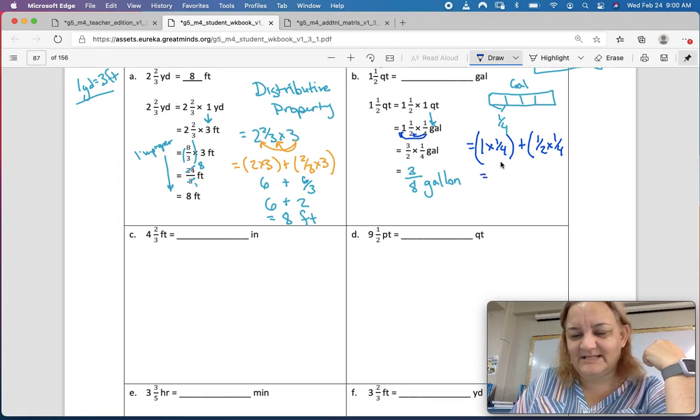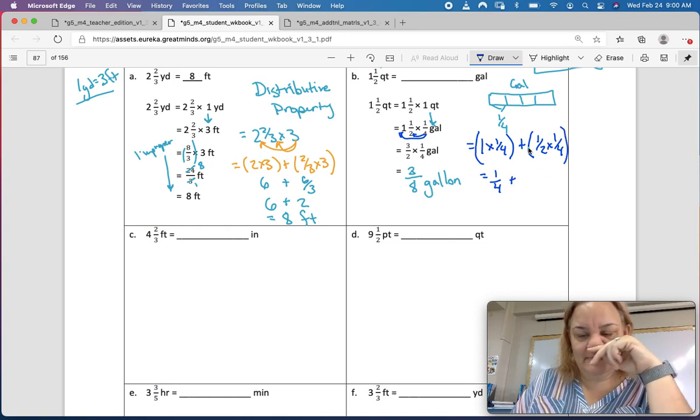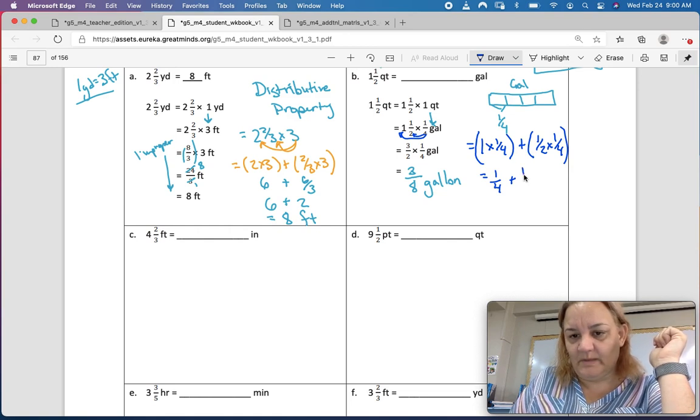And then I've got 1 times 1/4 is 1/4, plus 1/2 times 1/4 is 1/8. And when I add fractions, I have to make sure they have the same common denominator. So I'm going to make this into 2/8, right? And then my answer becomes 3/8 of a gallon, okay?